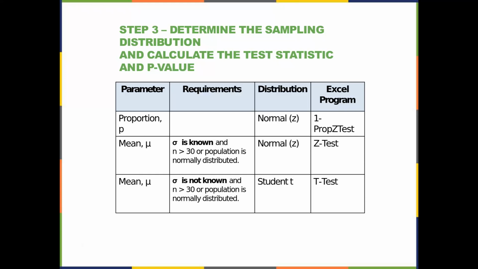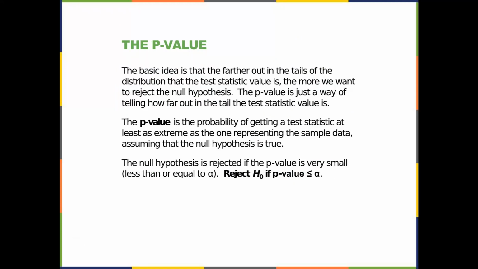And if the population standard deviation is not known, you're going to be using a t-test because the student t is what is most appropriate. So in this case, I want you to realize that the distributions we're using are the same distributions we were using in confidence intervals, with the same rules, essentially. So let's go ahead and take a look at the next one.